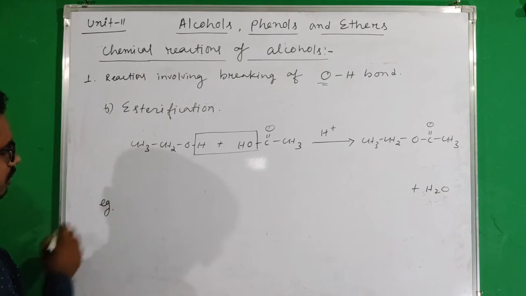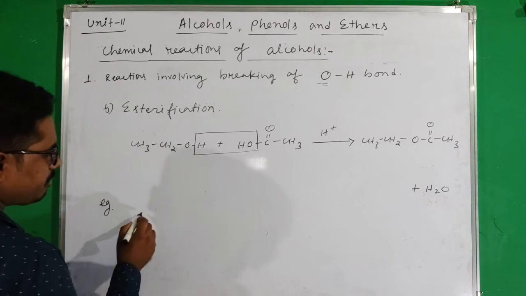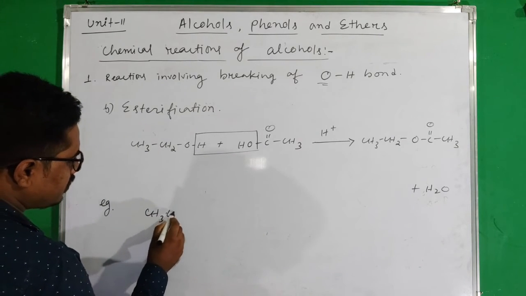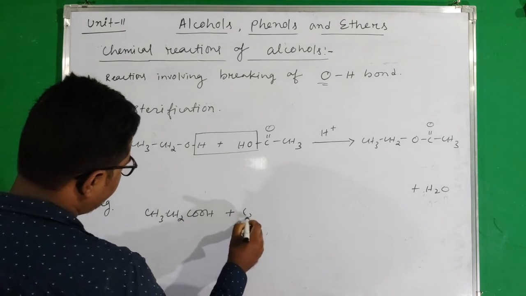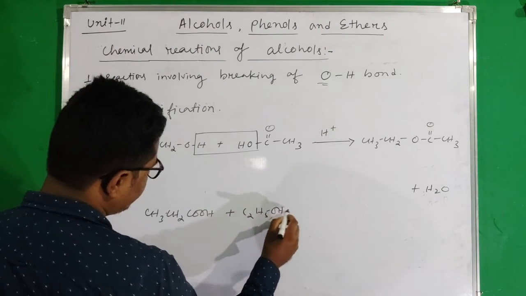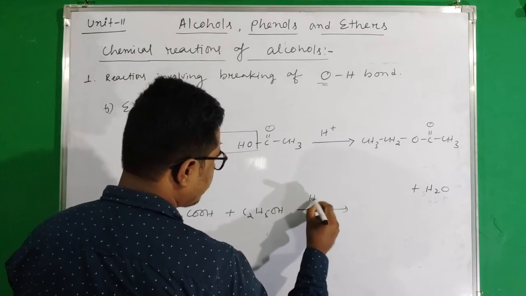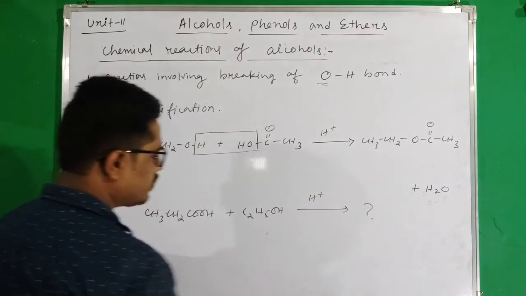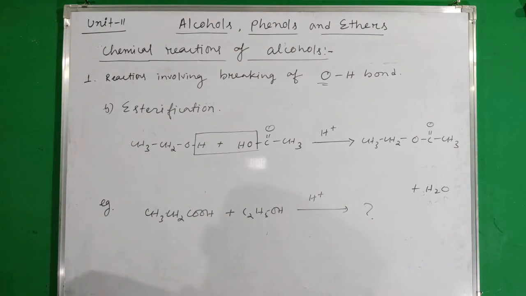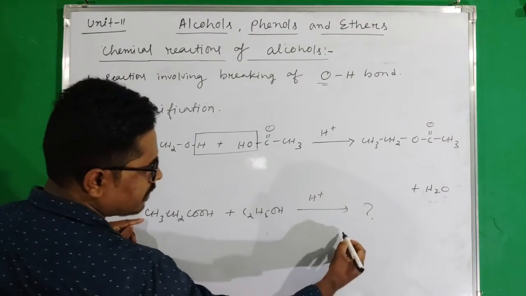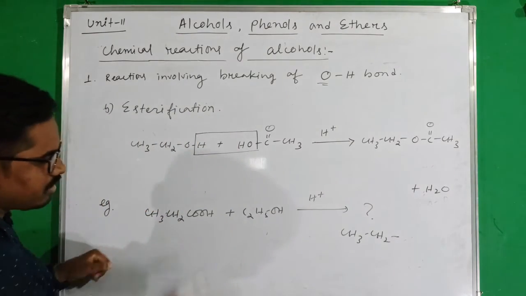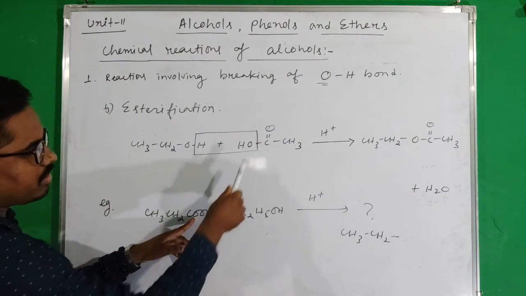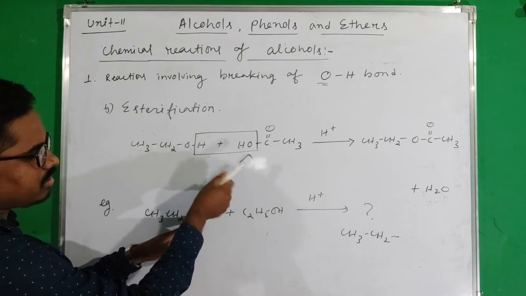So we are taking another example. Suppose this reaction, CH3CH2COOH reacts with C2H5OH in presence of an acid. What is the product? So the product is CH3CH2CO, because in case of carboxylic acid the OH group was left.